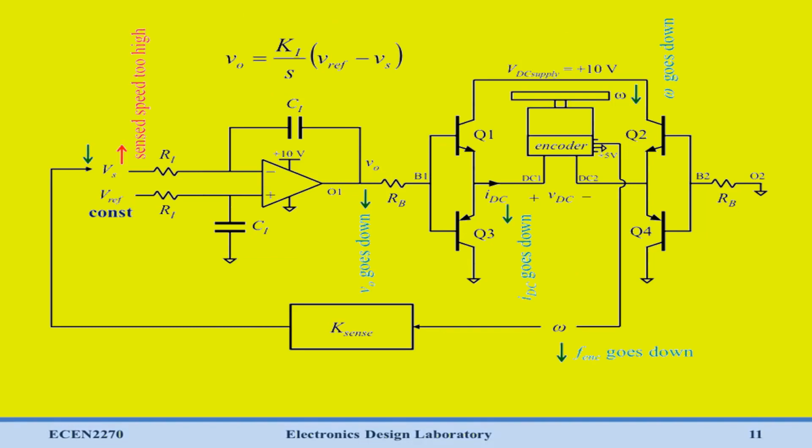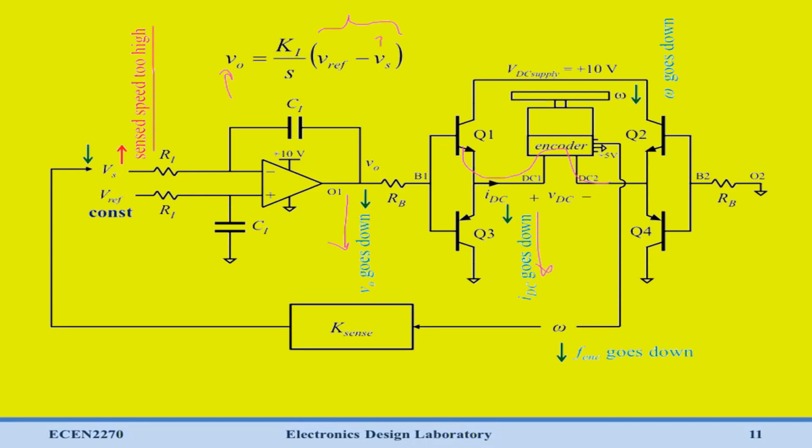If our sensed speed is too high, so if Vs is above reference, our error signal here is going to be negative. We're going to integrate this negative value and it's going to reduce VO. So VO is going to start to go down. When VO goes down, that's going to reduce the current coming through our motor.